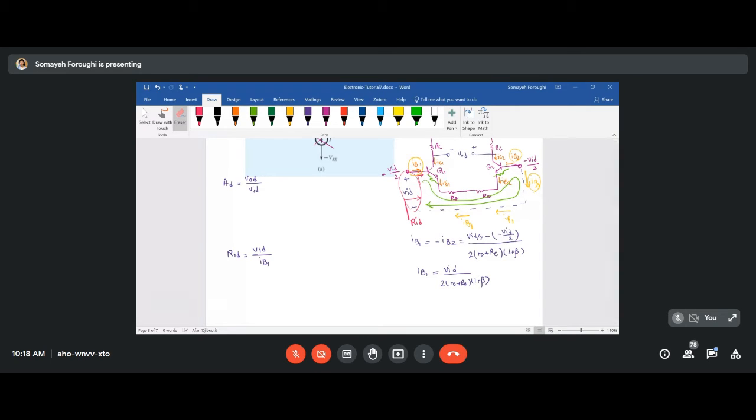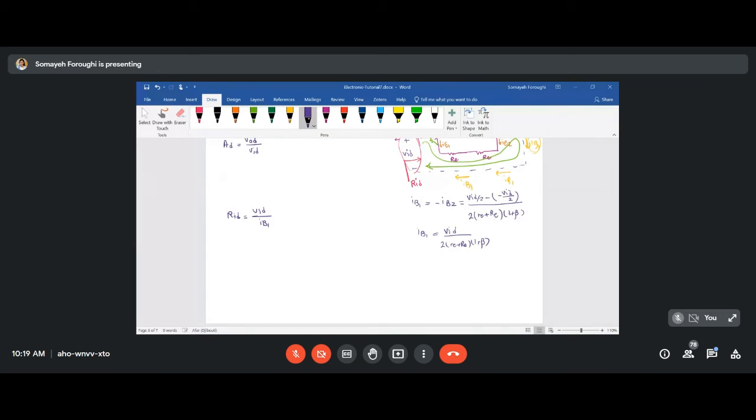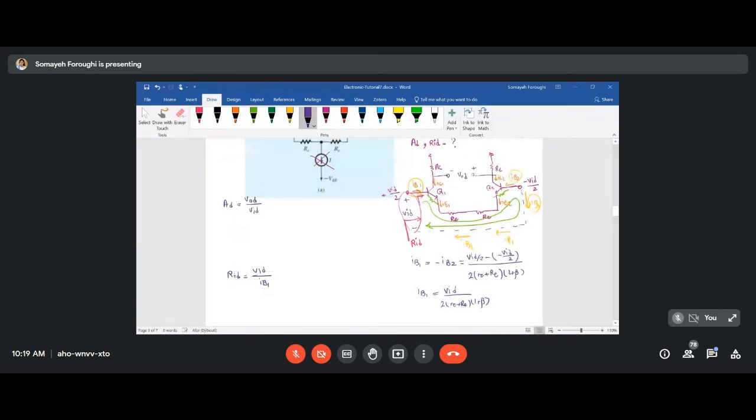We know that when beta is a great number, then you can also assume that the current in the emitter and the current in the collector are equal to each other. So let me continue here. I can also say that, just look at it, IC1 is here.